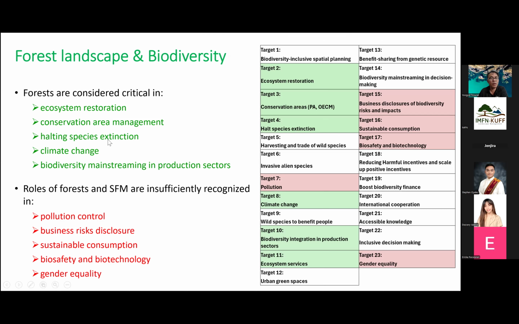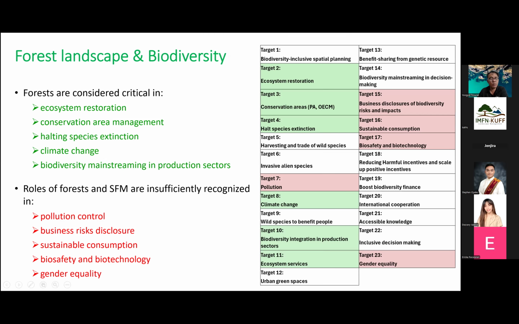If we follow this strictly, we can stop the loss of forest, stop extinction, mitigate climate change, and benefit local people and society. It means that we can maintain the biodiversity in the long run.